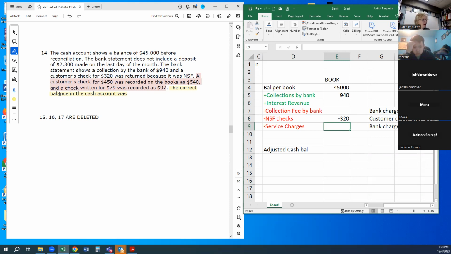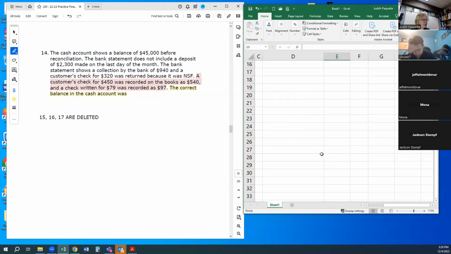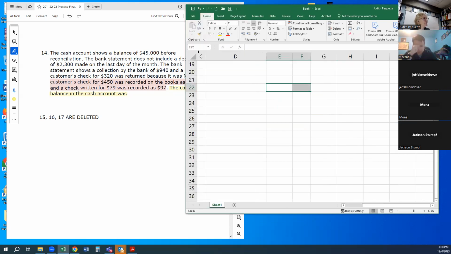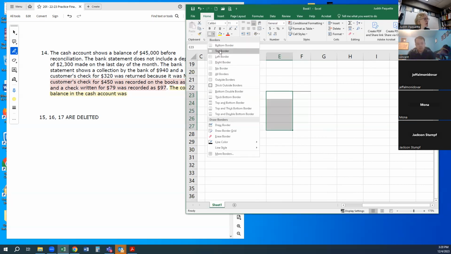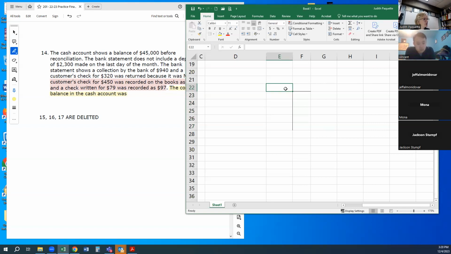Okay, so let's just go down here and say, I want to do a little T account. All right. And these are two T accounts. And one of them is going to be for accounts receivable.